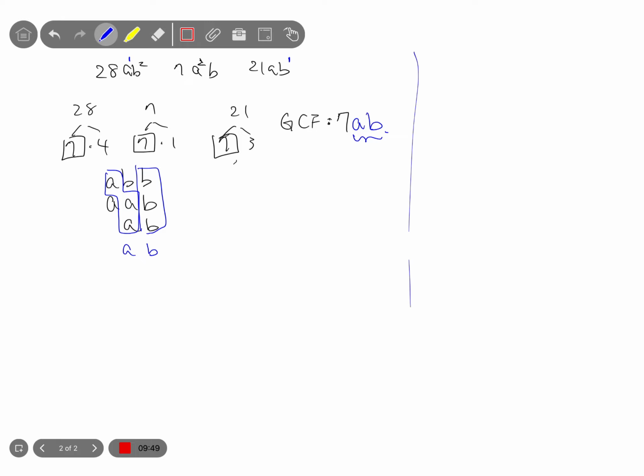All right, part F, you have 4a(x minus h), and you have negative 9b(x minus h). So in this case, I think this one is pretty straightforward. What do they have in common? They both have the x minus h. Now, notice the x minus h is inside the parentheses.